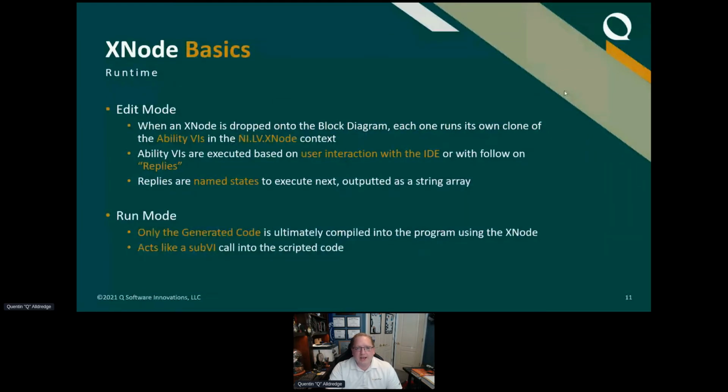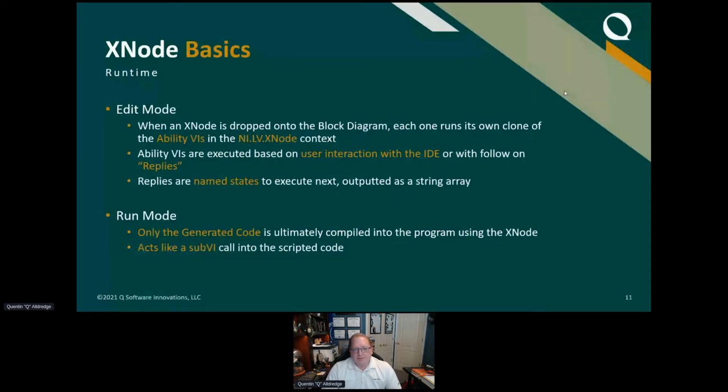Like I said, in edit mode, when the XNode is dropped on the block diagram, those ability VIs fire depending on different things, and they each get their own context, their own clone, that runs in the ni.labview.xnode context. So it is a separate context from other places.